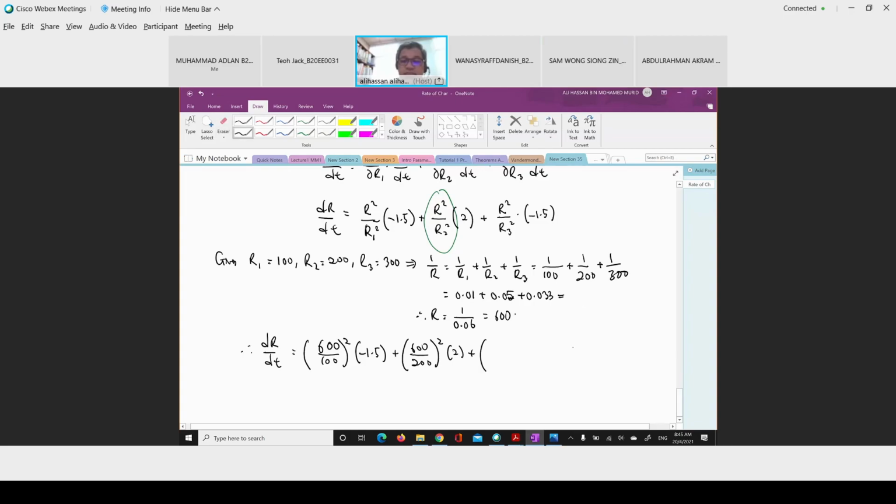So what is it now? 0.033? So what is the approximate value here? 0.093, approximately. So what is R? You can use your calculator.